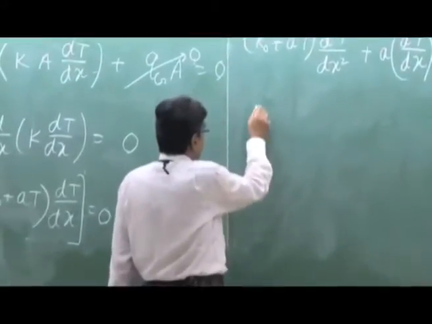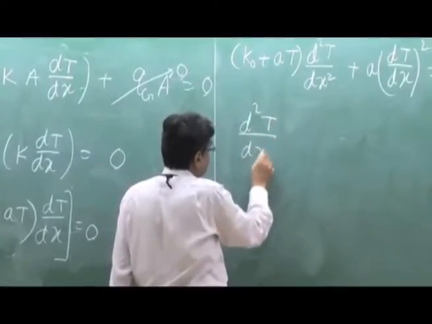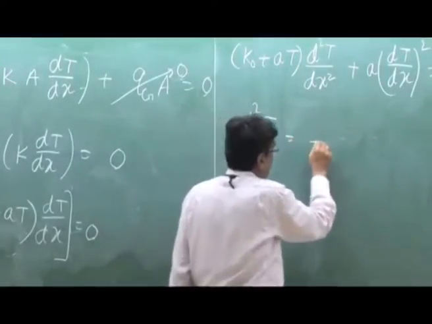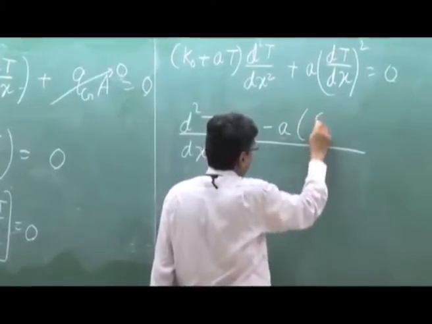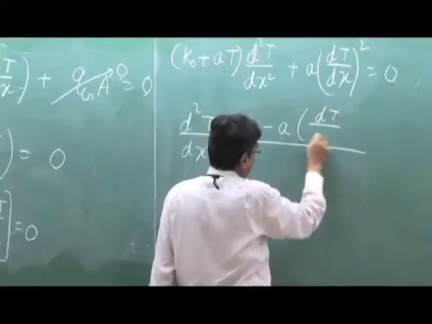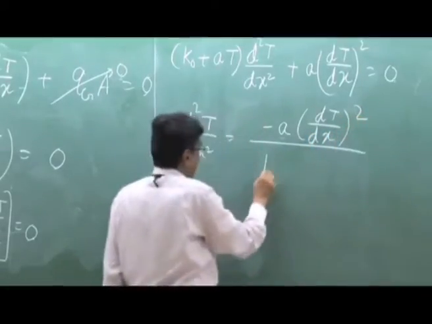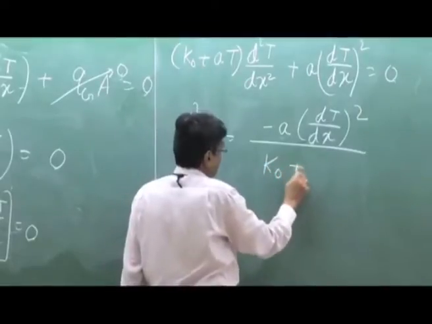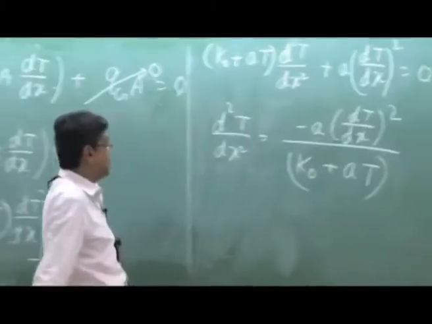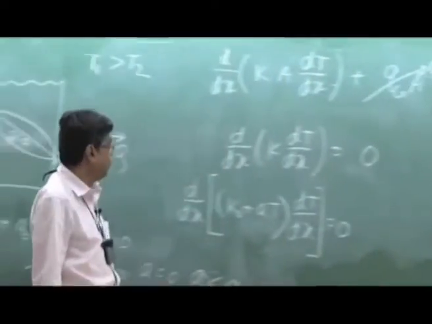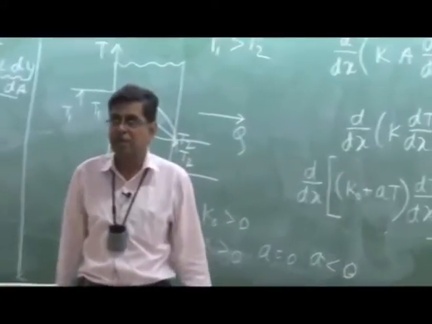So we can find d²T/dx² is equal to minus A (dT/dx)² divided by (K0 + A T). Now you see, ultimately the problem is transferred to a mathematical problem. Up to this, the concept of heat transfer is involved.